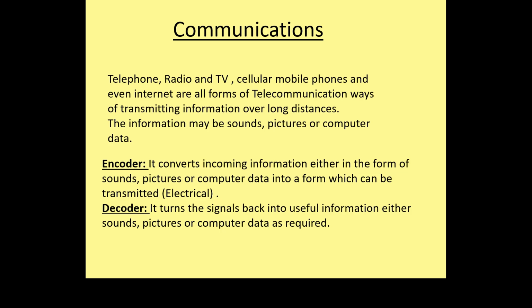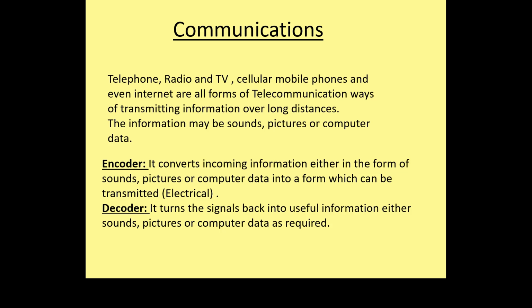It converts incoming information like sound, pictures, into a form which can be transmitted. That is electrical, because once you get an electrical signal, we can transmit over long distance. So fundamentally, what the encoder does is it converts the input signal, either sound or picture or data, into an electrical signal. This is the first aspect of the communication.